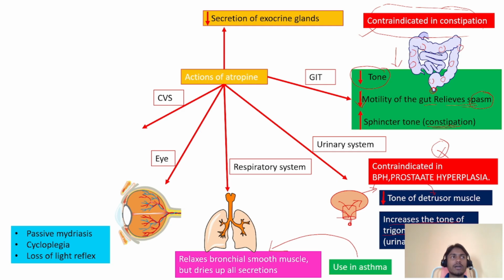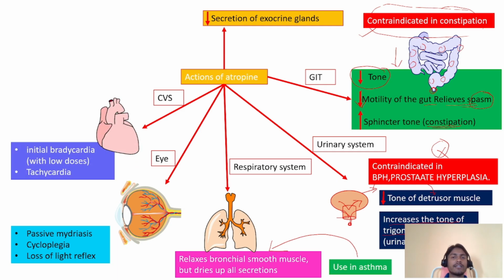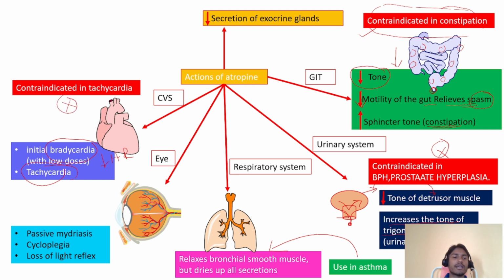Next, action on the cardiovascular system, that is the heart. Initially atropine causes bradycardia, a reduced heart rate, with low doses. After some time it causes tachycardia. Hence we should contraindicate these antimuscarinic drugs in tachycardia.